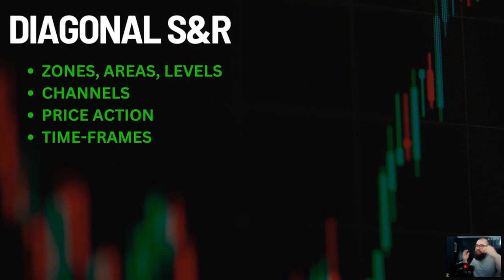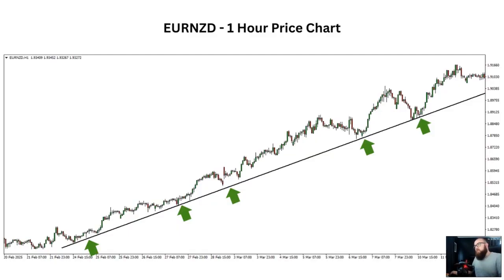So you can have support and resistance that creates a channel. So it's not just diagonal, it creates this channel that price moves within. And we'll look at some examples of that. Euro New Zealand dollar. This is a very clear example of diagonal support. So even though it's diagonal, the support and resistance principle remains the same.